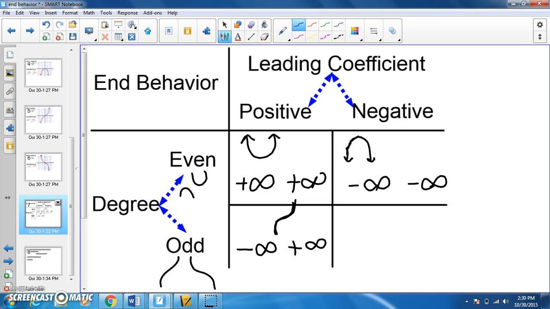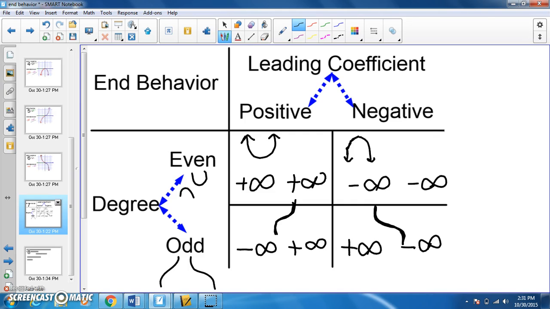And the last one is when we have an odd degree and a negative leading coefficient. So as x is approaching negative infinity, our graph is approaching positive infinity. And as x is approaching positive infinity, our graph is approaching negative infinity, and we look like this.